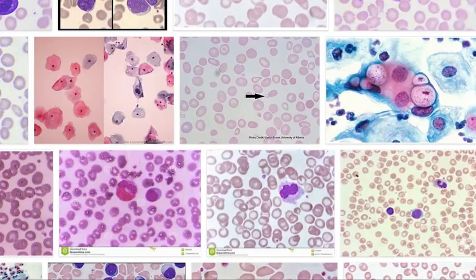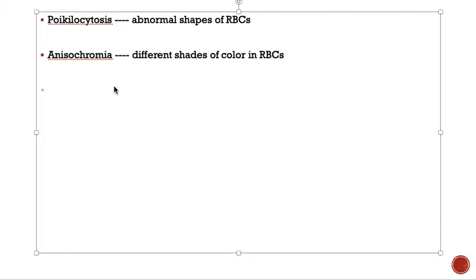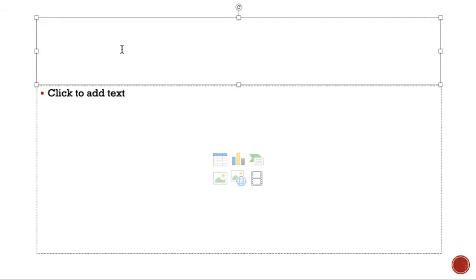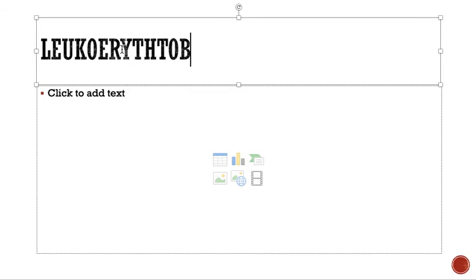So what we were discussing is the abnormal shape of RBCs as well as the abnormal shape of WBCs, right? Now there is a term used in diagnostics called leukoerythroblastic blood film.